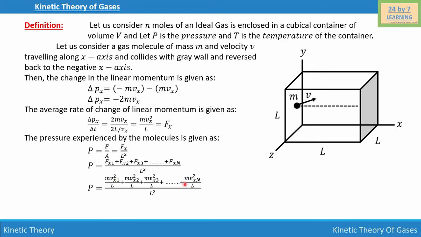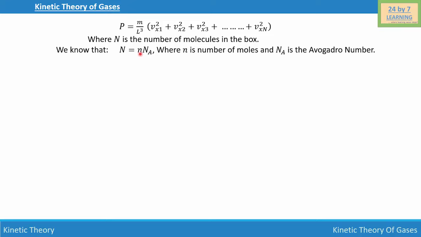Now we know that N is the number of molecules in the box, and N is the number of moles n times Avogadro number NA, where n is the number of moles and NA is the Avogadro number. The multiplication of those two gives us the total number of molecules in the container. If we simplify the velocity term, we write vx square average equals vx1 square plus vx2 square plus ... plus vxn square.